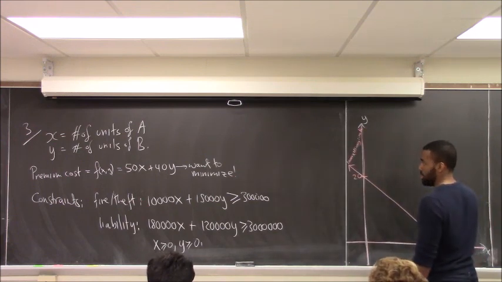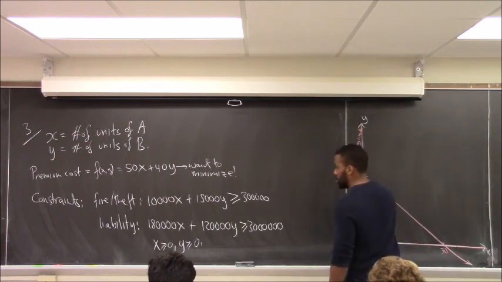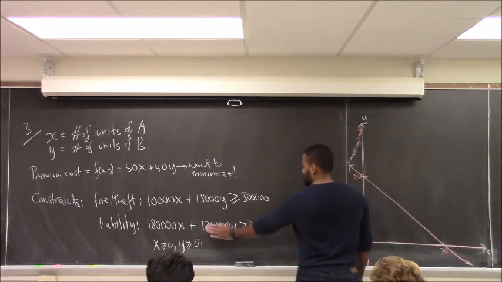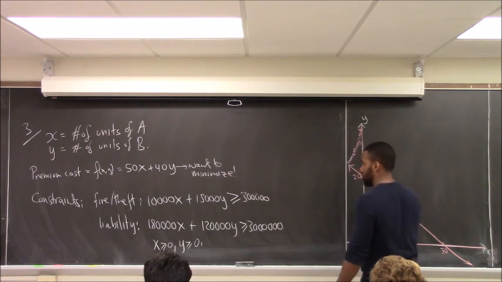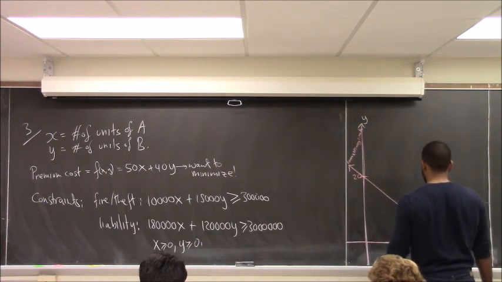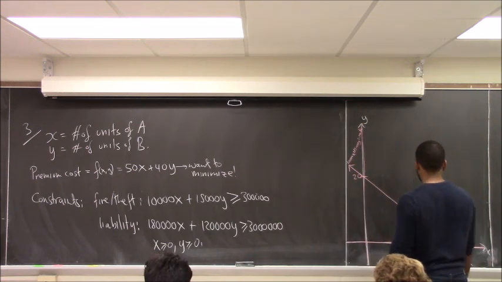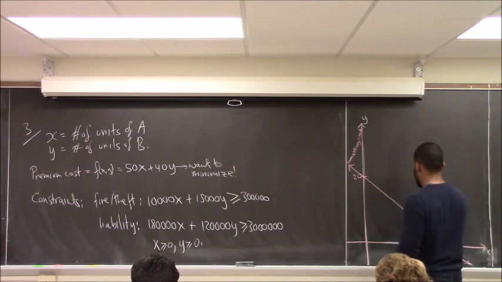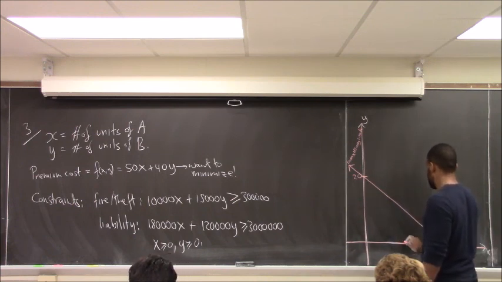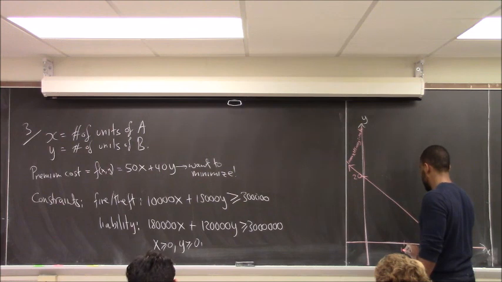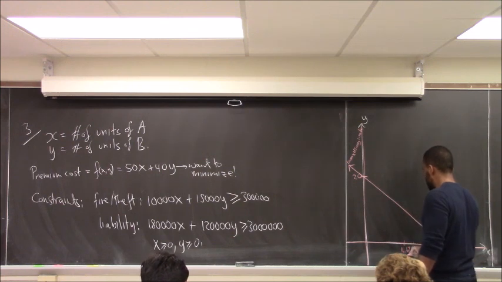And then you do the same thing over here. 3 million divided by 180,000 was what? I don't think that went into it exactly. Yeah, 16 and 2/3. So it was 16.67.